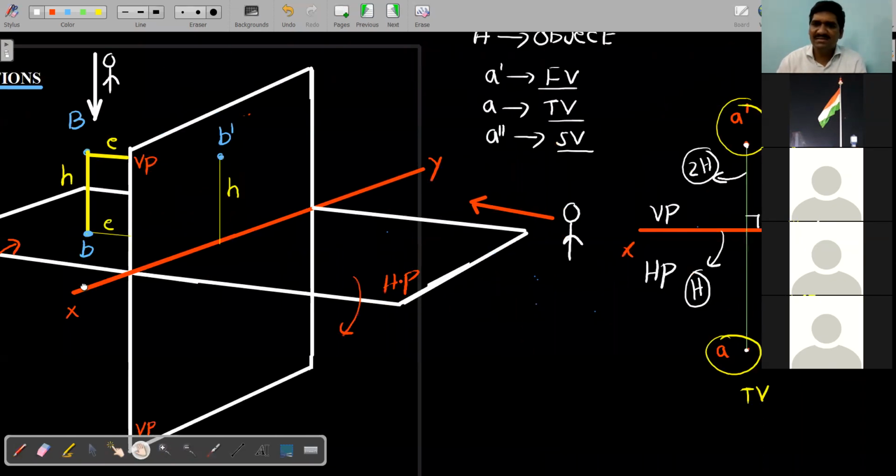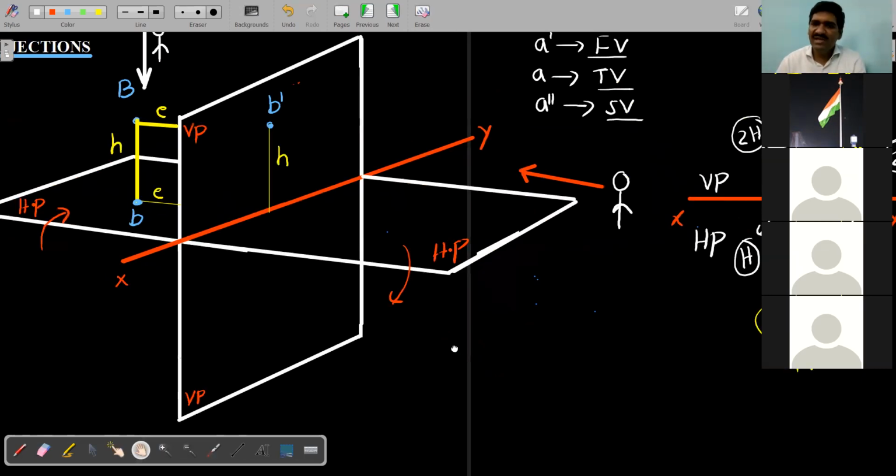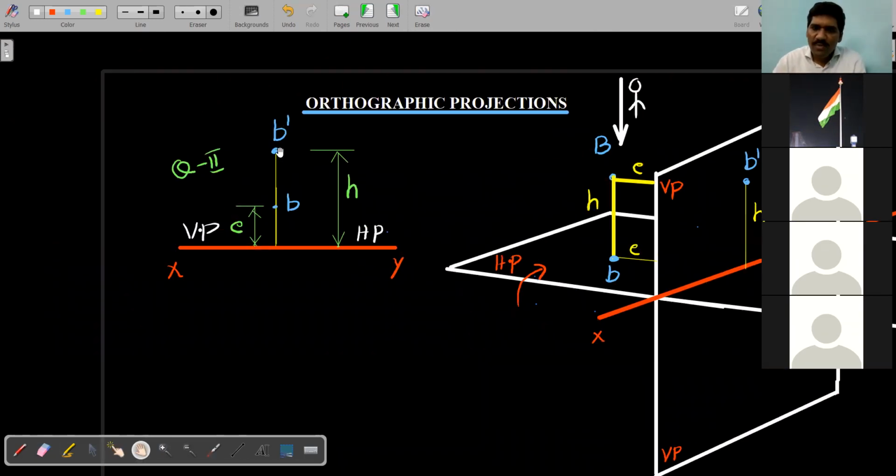In the previous case, in the vertical plane we draw the front view, and in the horizontal plane we draw the top view. But here, if you observe carefully, both the front view and the top view are above. Both are above. Means what? VP and HP both are lying above the XY line. This is a fundamental concept.